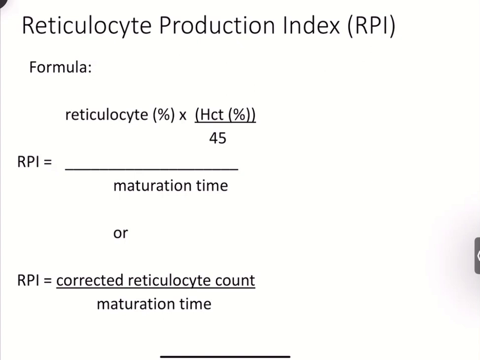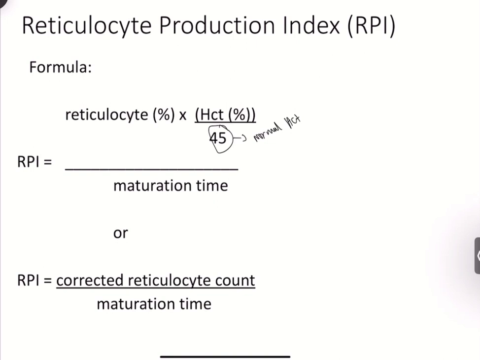Next, as said, we can use the reticulocyte count to assess the maturation of your RBC. This has a formula, the reticulocyte production index. The formula for this is reticulocyte count times hematocrit over 45, as said, where 45 is our baseline because we assume this is the normal hematocrit, over the maturation time.